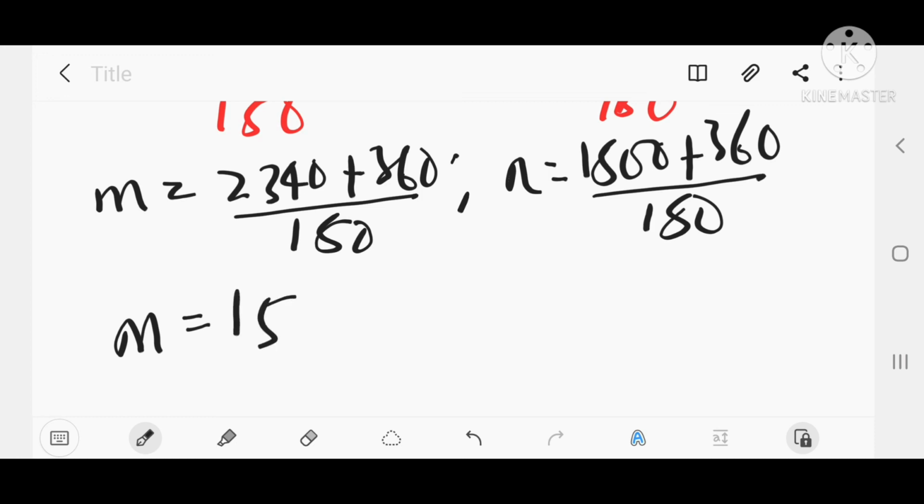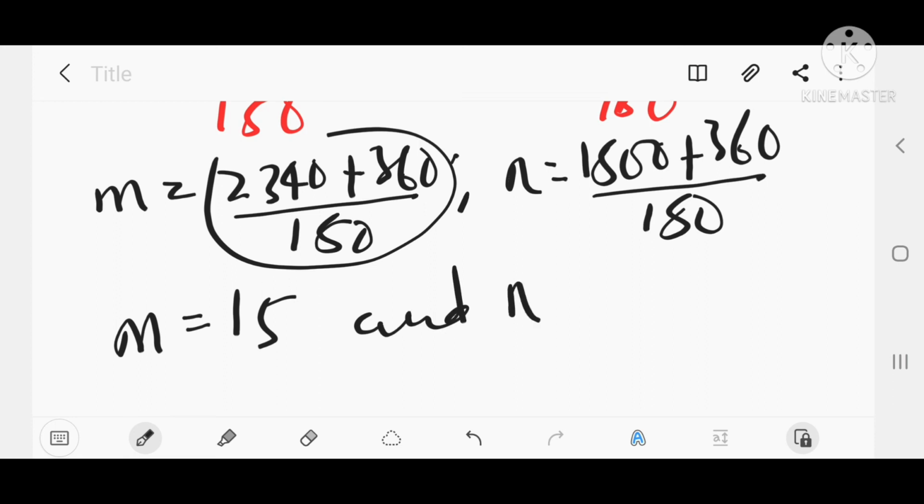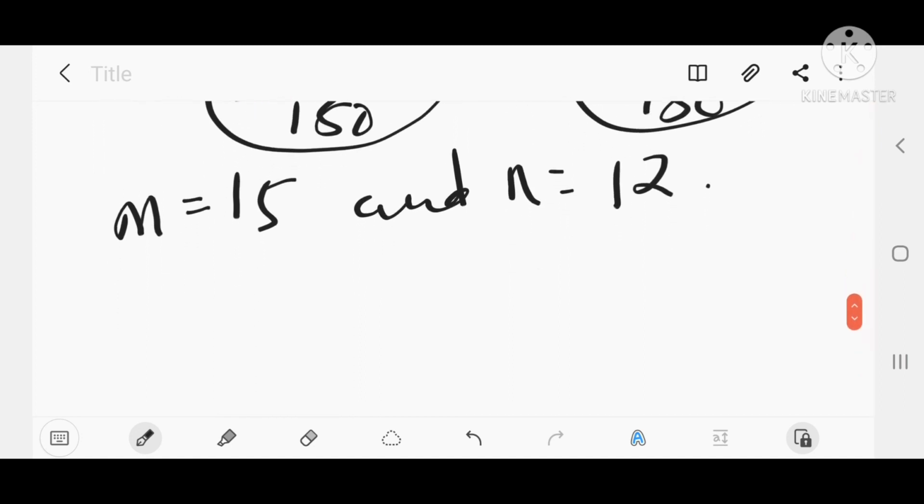Computing this, we have M equals 15, and N equals 12. Now we can conclude that the bigger polygon has 15 sides and the smaller has 12 sides. Okay, that is that.